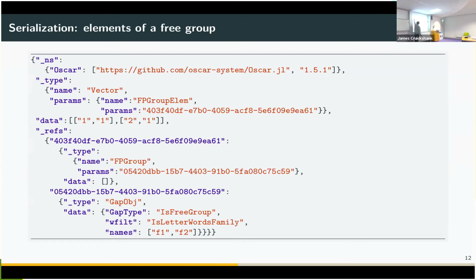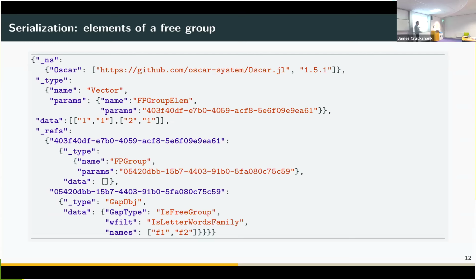So again, we have a vector of something which consists of FP group elements, some elements of a finitely presented group. And we expect already that we need some identifier to describe what the group is in order to assign the elements to the right group. Data are the words in generators which describe these elements. So here we have the generators: the first generator to power 1, and the second generator to power 1. This describes the generators, so that's enough.